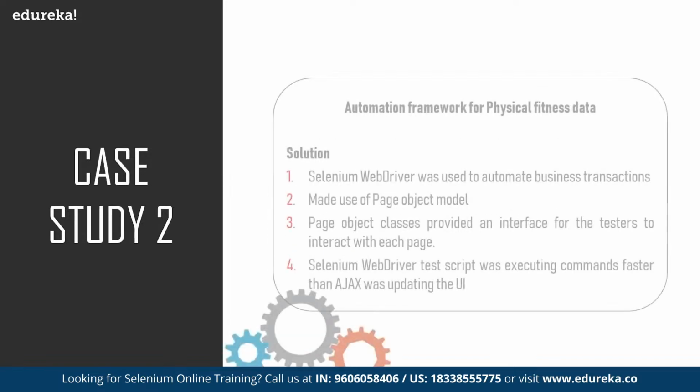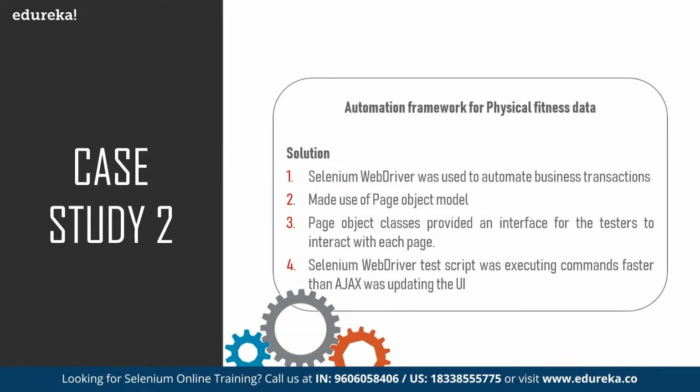So what's the solution? The implemented automation framework is 100% open source, and the components that they used were Eclipse to write the scripts, Java, Selenium, Apache Ant, JUnit, etc. And once the framework was in place, the page object design pattern was utilized in which classes were created for each page in the application.